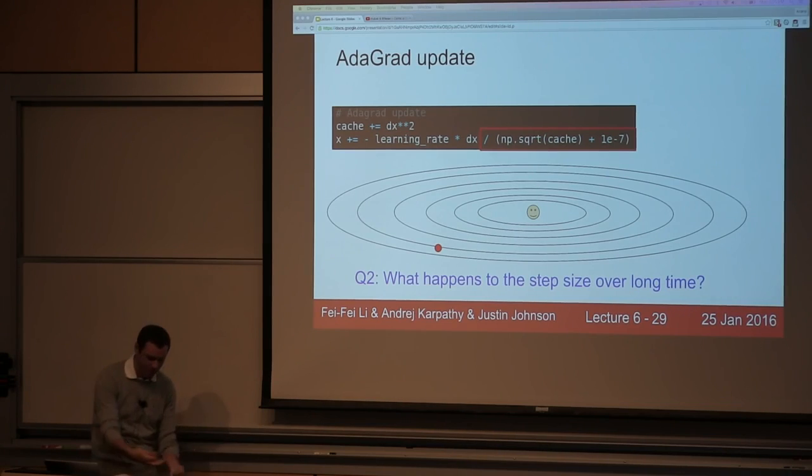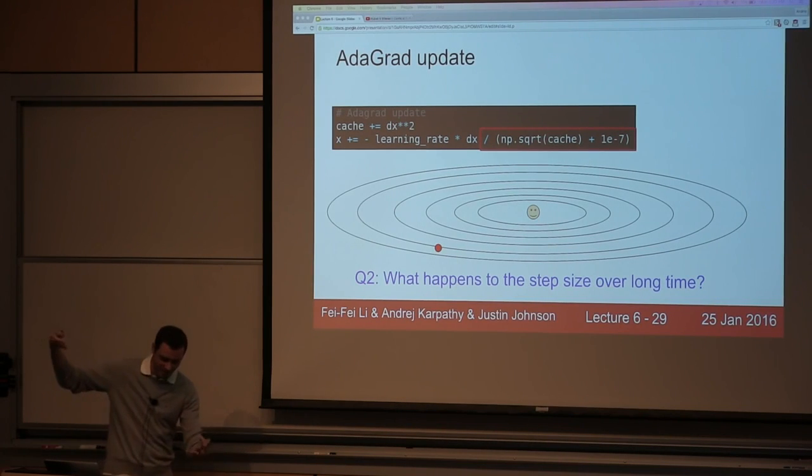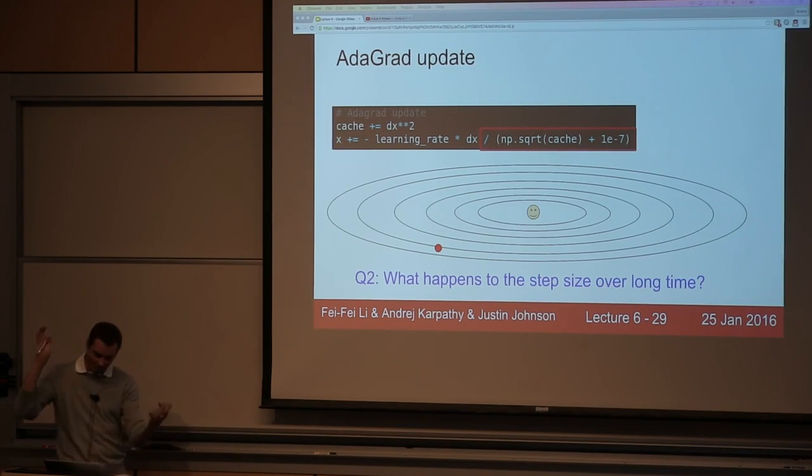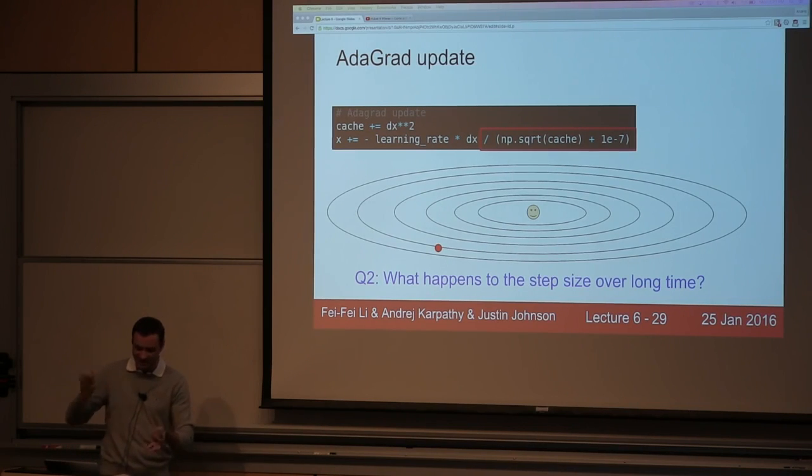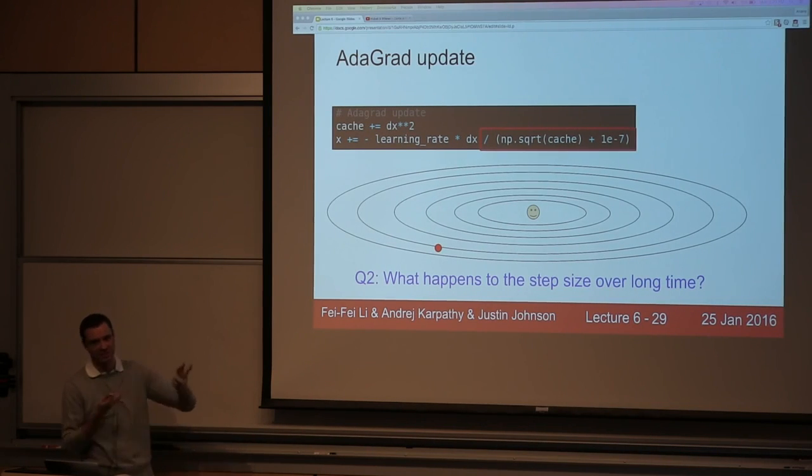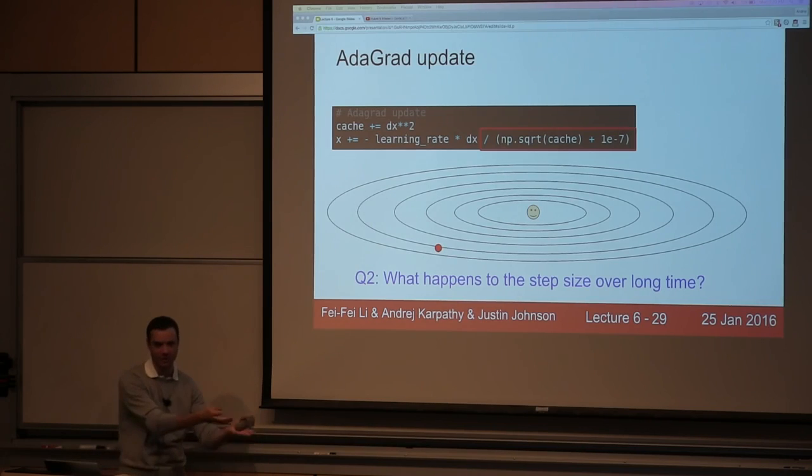Your learning rate just decays towards 0, and you end up stopping learning completely. That's okay in convex problems, perhaps, when you just have a bowl and you decay down to the optimum and you're done. But in a neural network, this stuff is shuffling around trying to fit your data, and it needs continuous energy to fit your data. So you don't want it to just decay to a halt.